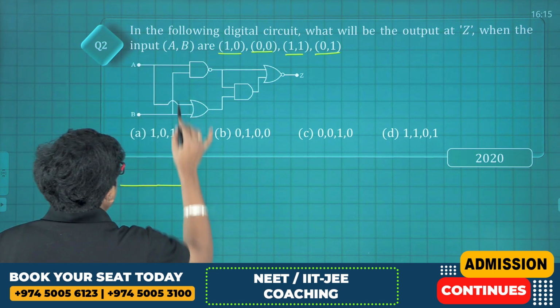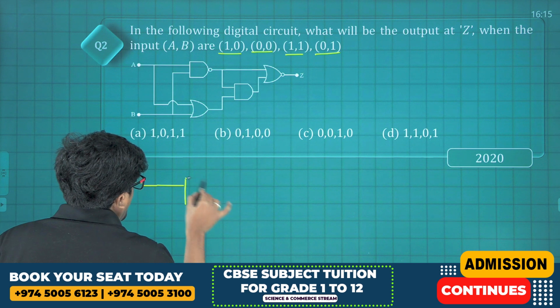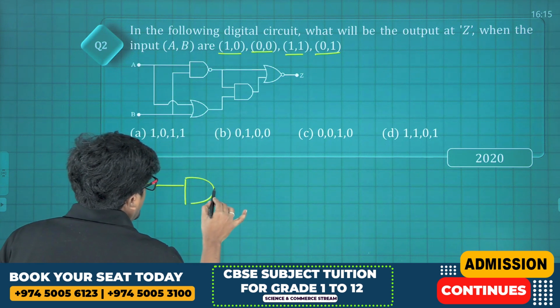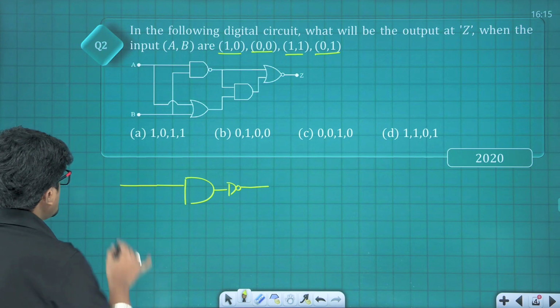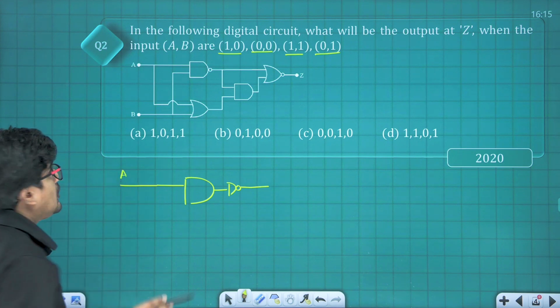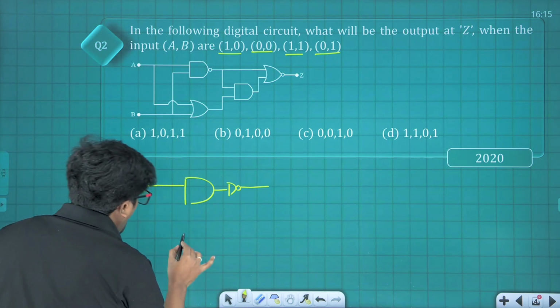Here I am having an AND gate followed by a NOT gate. So here this is A, fine, and I am having an OR gate here.